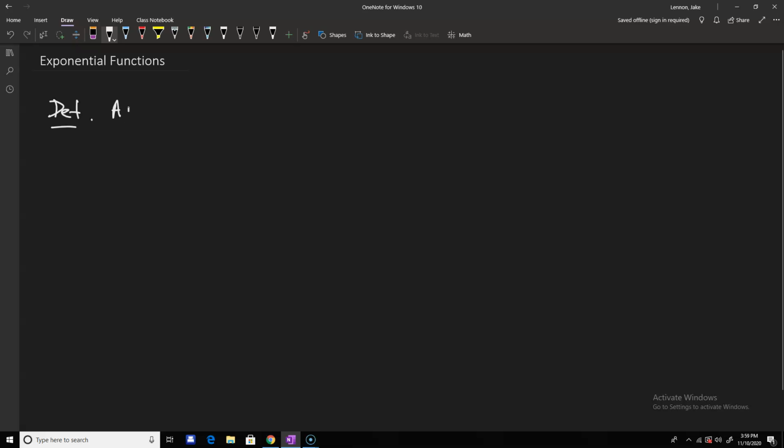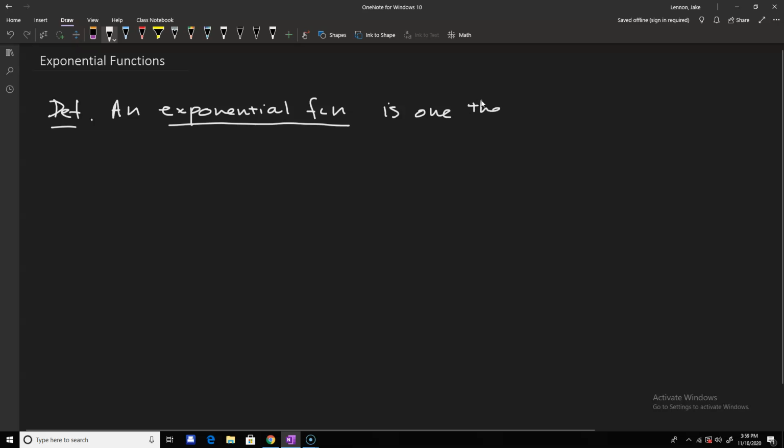So an exponential function is one that may be written in the form either y or f of x equals, let's use y, equals a times b to the x power.